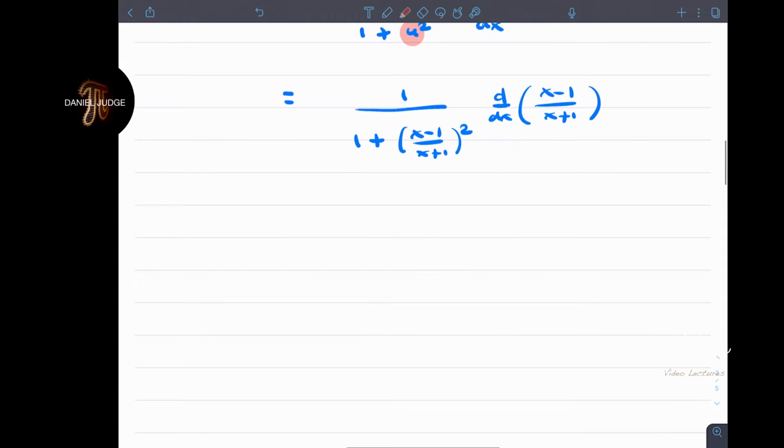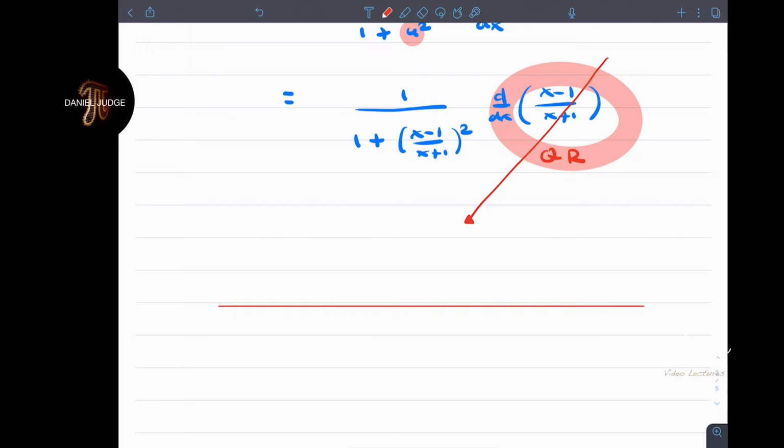Now, this is the portion here on this side we're going to have to use quotient rule. So by quotient rule, we have x plus 1 squared, x plus 1, d dx, x minus 1 times x minus 1, d dx, x plus 1. This derivative here is 1.